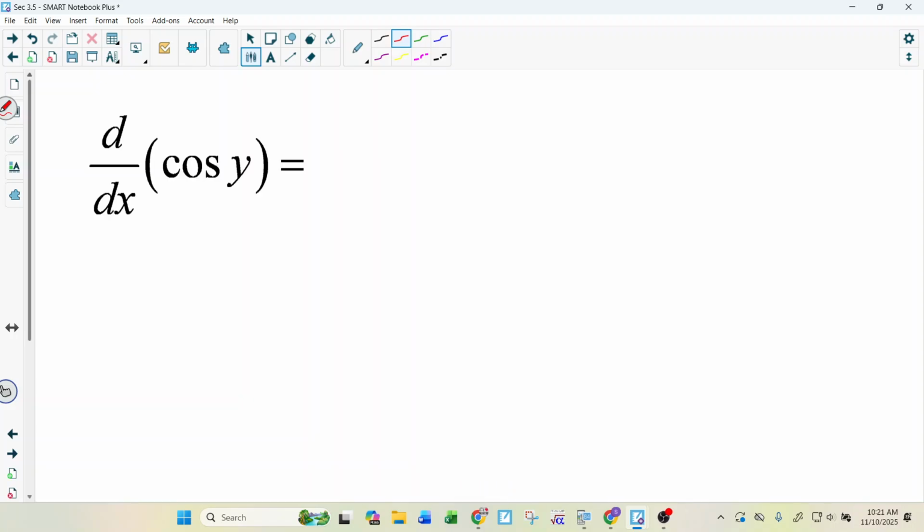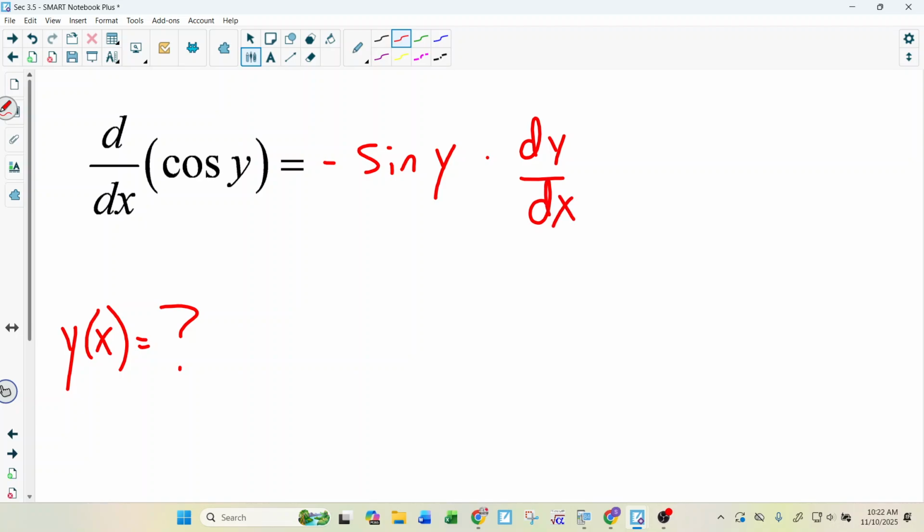So let's say another one. What would be the derivative of cosine of y? Remember, y is some function of x, but we don't know what it is. That's what the implicit is. So what's the derivative of cosine? Negative sine, times the derivative of the inside, which is dy/dx.